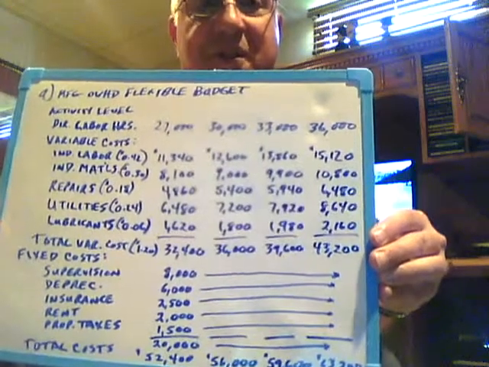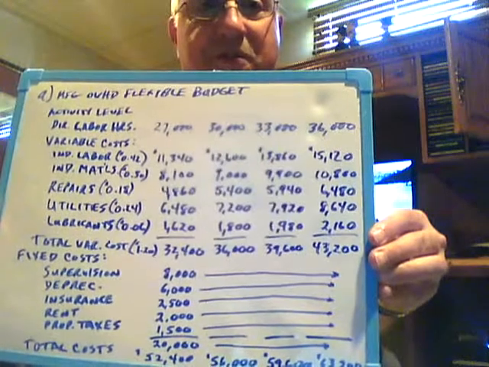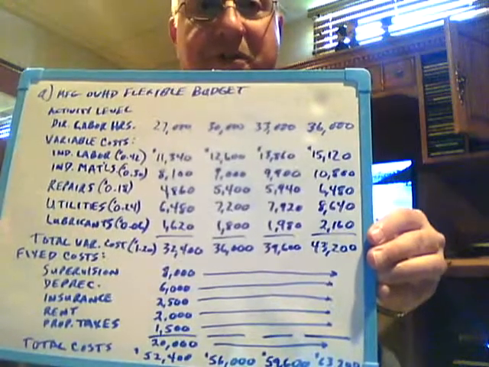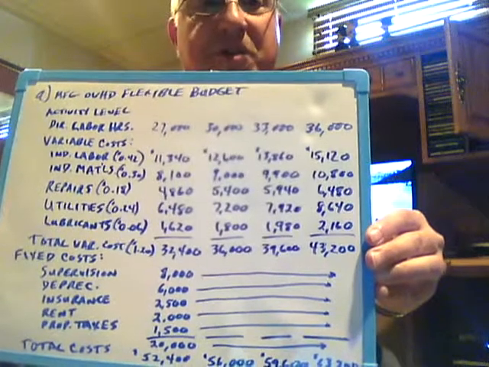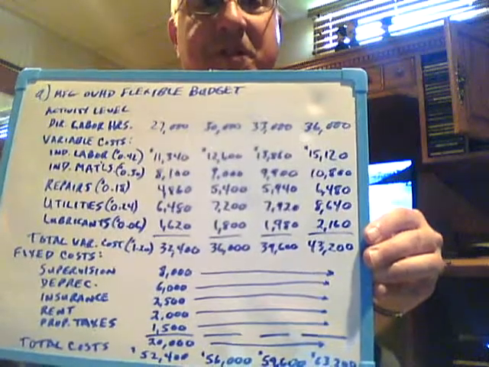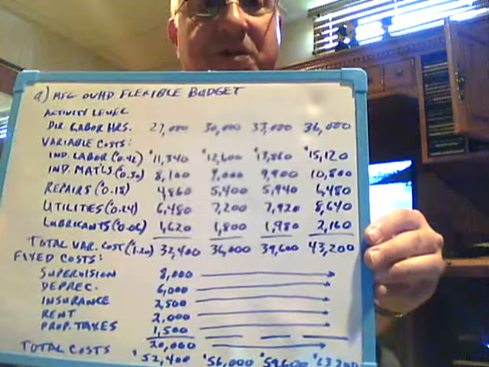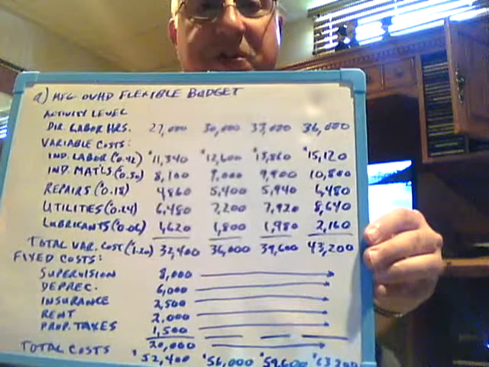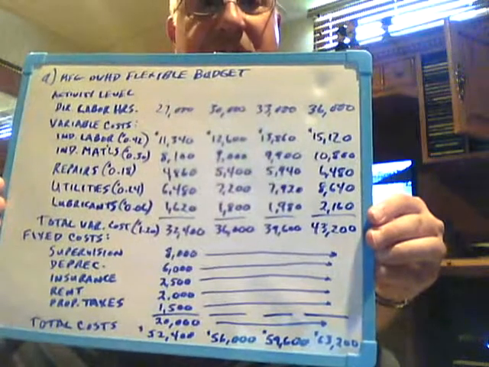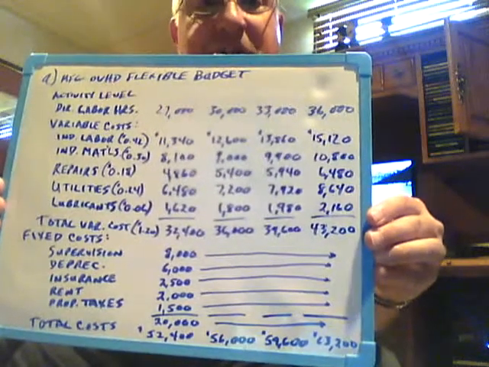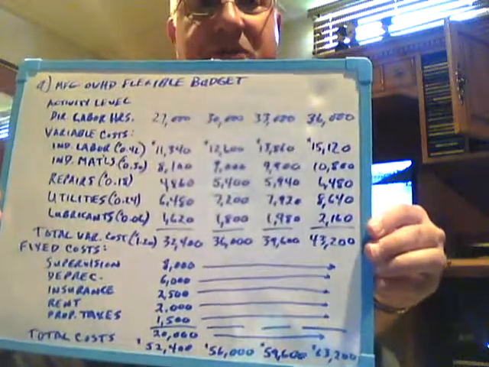It's all potentially expected or achievable. So we're just going to carry all those fixed costs. There's 5 of them: supervision, depreciation, insurance, rent, and property taxes, and just carry them over to each level. So that will add 20,000 to the total costs at each level of production.